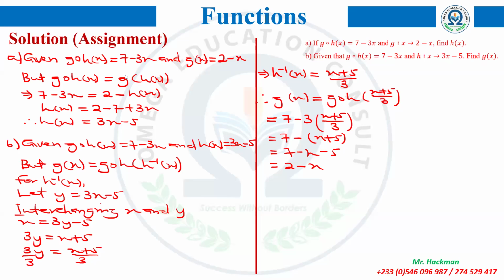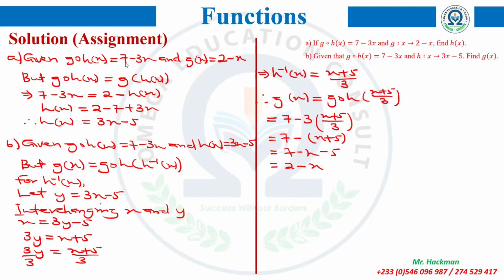But after that, you know that the result must also be equal to what you have been given, that g of h of x is equal to 7 minus 3x. So you write it. Then g of h of x, which came by way of your own interpretation, which is the right interpretation anyway, will mean wherever I see x in g of x, I put h of x there.